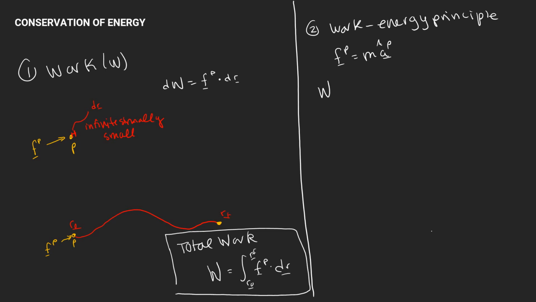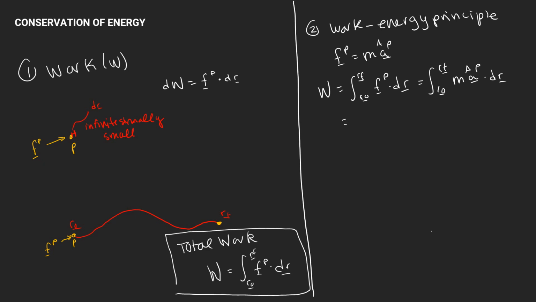So again, if we have work is equal to the integral from RO to RF of Fp dr, then we can set this equal to ma dr. And now we can continue to work through this relationship here.